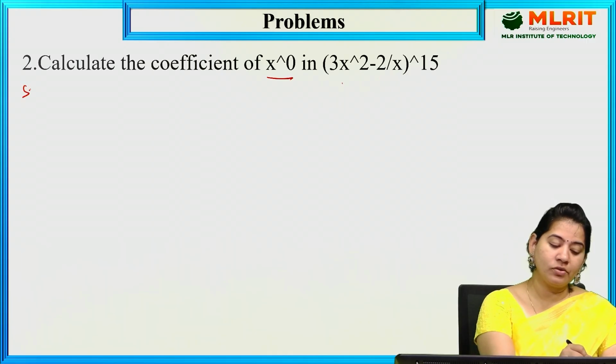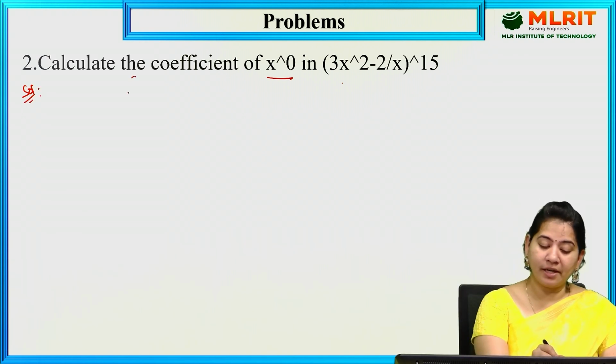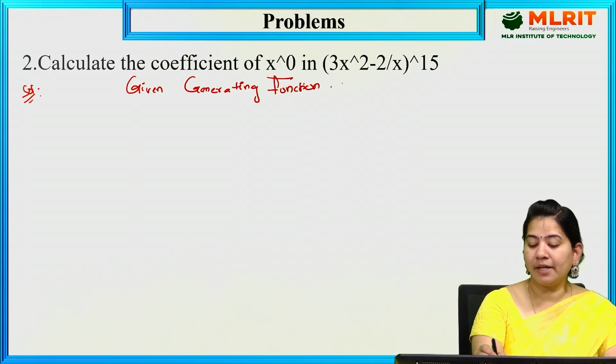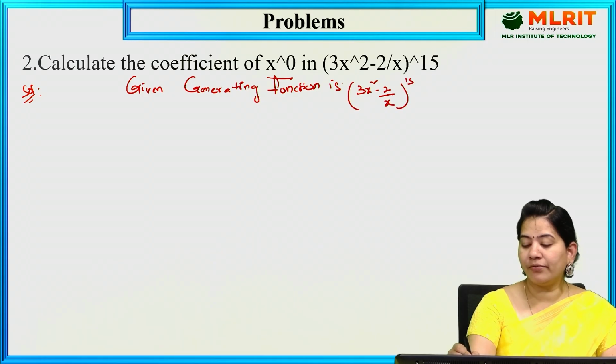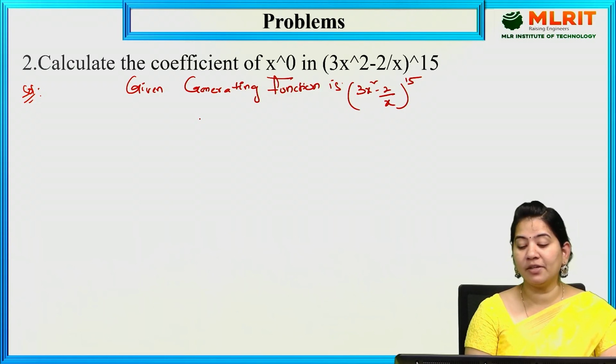So as usual, what we have to find out here is, given the generating function, first we need to write it. So the given generating function is 3x square minus 2 by x whole power 15. If you observe, we should have the formula in the form of 1 plus x whole power n, but we have 3x square here.